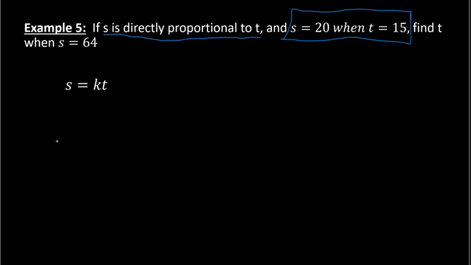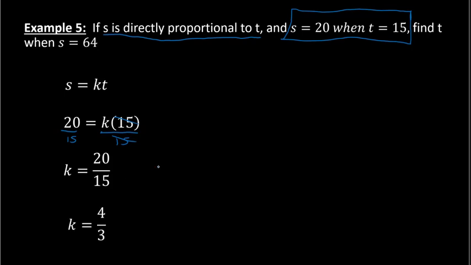S is 20 when t is 15, so I have 20 equals k times 15. Solve this for k. I get rid of the 15 by doing the opposite, which is dividing, so I divide both sides by 15. I have k equals 20 over 15, which can reduce by dividing the top and the bottom by 5. That gives me k equals 4 over 3.